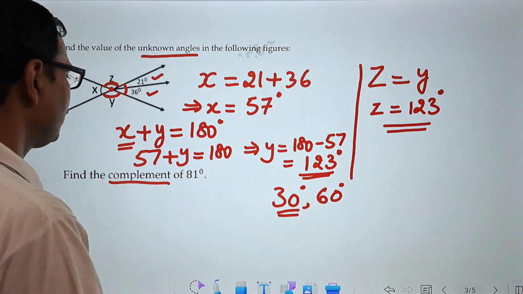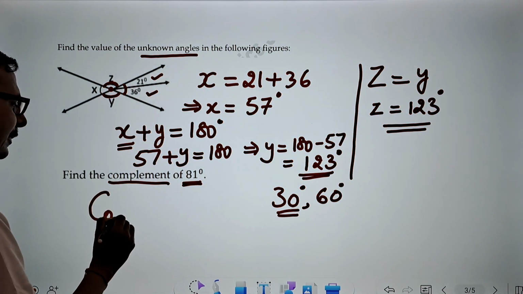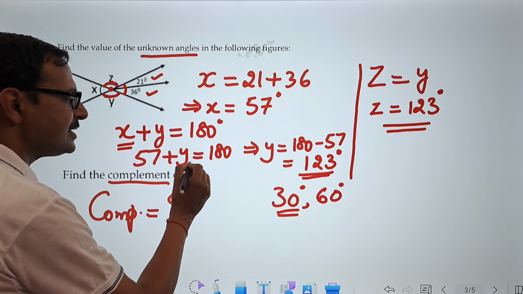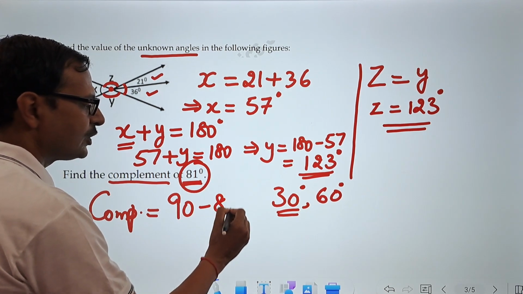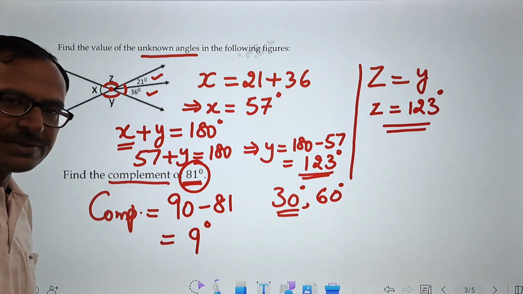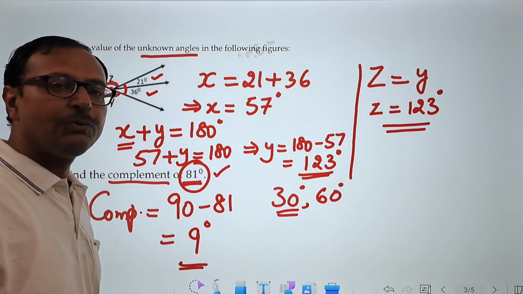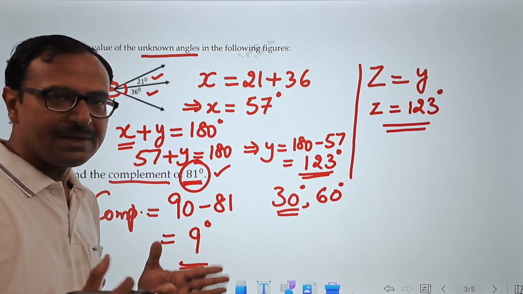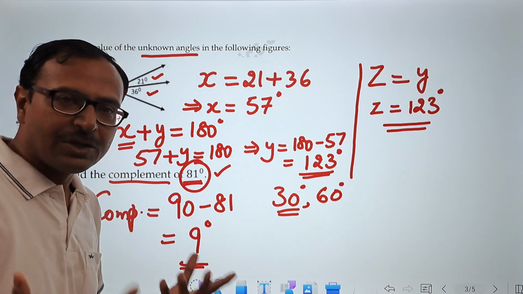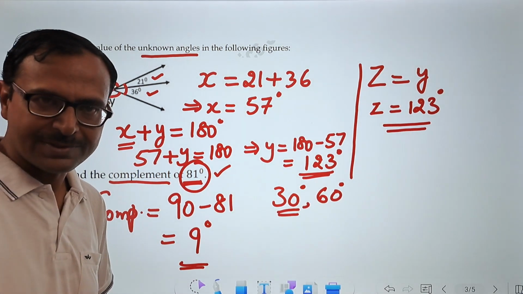So whenever we have to find the complement of any angle, that complement will be equal to 90 minus this angle, 81. So the complement will be 9 degree. Now how do you know that your answer is correct? You add this and the given angle, you will always get 90 degree as the sum, and that's what is the check you have to make in order to avoid errors in such questions.